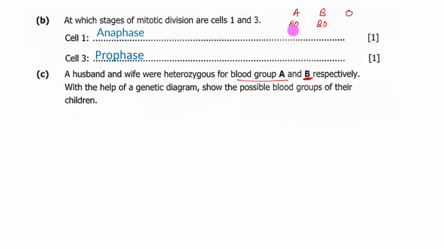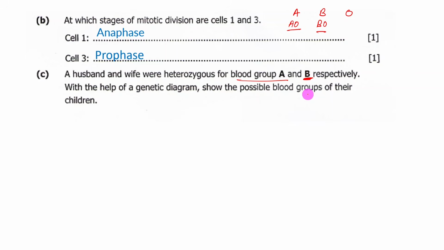Here we have allele A and allele O, allele B and allele O. So if they're heterozygous and yet the father is said to have blood group A and the mother blood group B, it means that the father has got AO, but the A is always dominant over O, and the mother has got BO, and the B is always dominant over O.